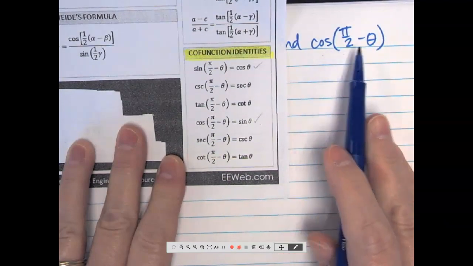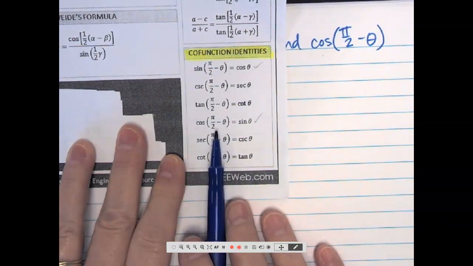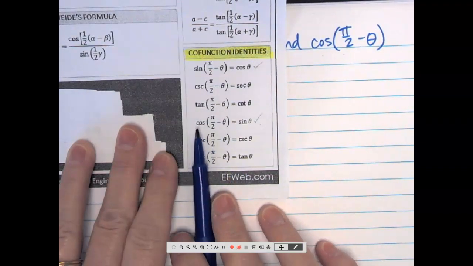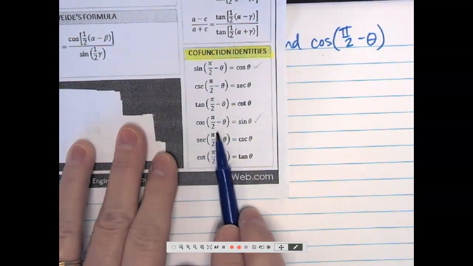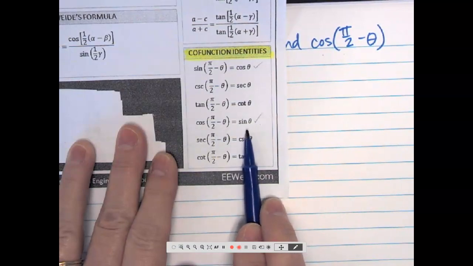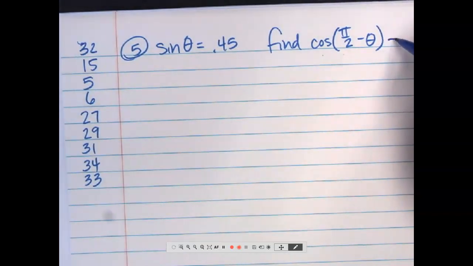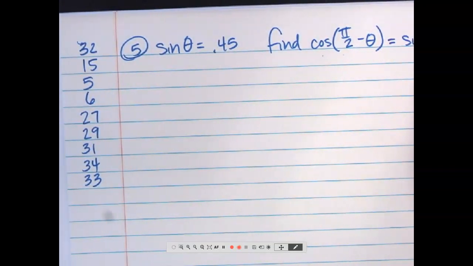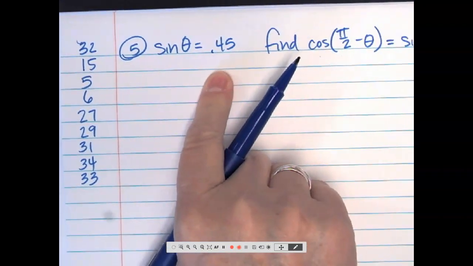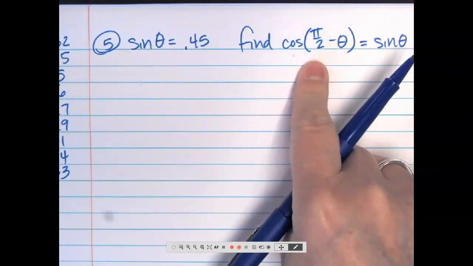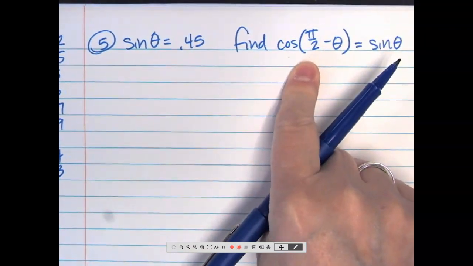So cosine pi over 2 minus theta is right here, and it tells us that cosine of pi over 2 minus theta is equal to sine. So if this is equal to sine, and sine is 0.45, then this is also equal to 0.45.